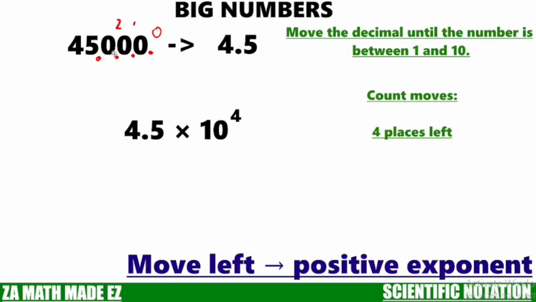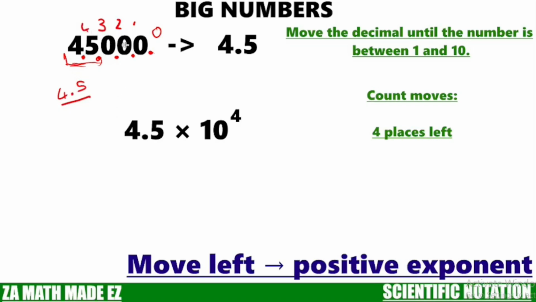Again, that is 3. It's moved 3 times, but it's still not between 1 and 10 because the number over here is 45. So we must move it one more time. Then it's 4.5, and 4.5 is more than 1 and less than 10. Therefore 4.5 is our correct answer.